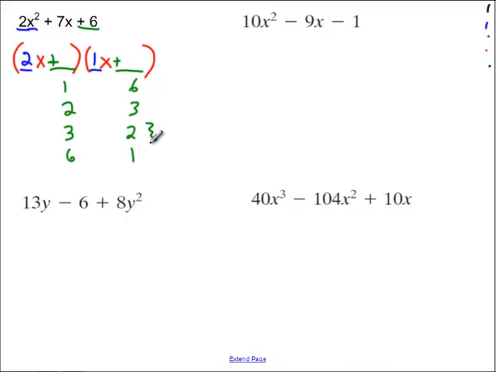Now these right down here are repeats of these up here, but you have to repeat these down here because if you put 3 and 2 in there, it's not going to be the same, especially when you multiply the inside terms and outside terms, and we'll see that in just a second, as if you put 2 and 3 in there.